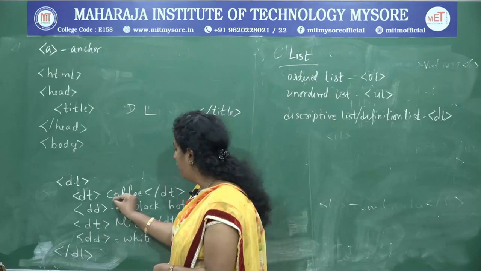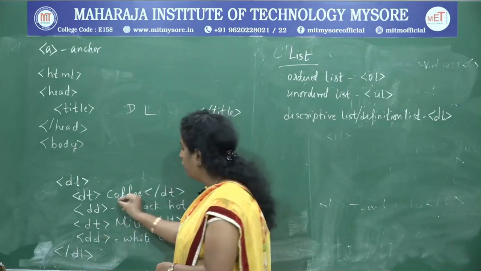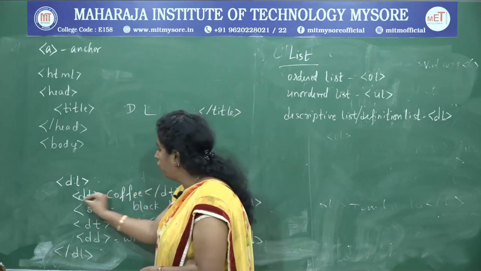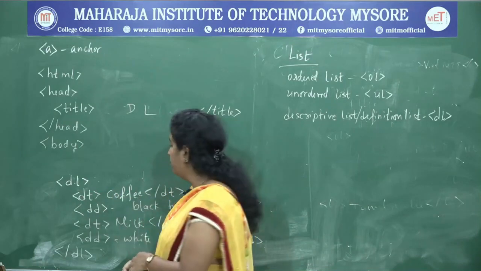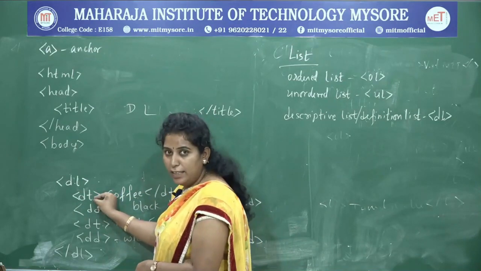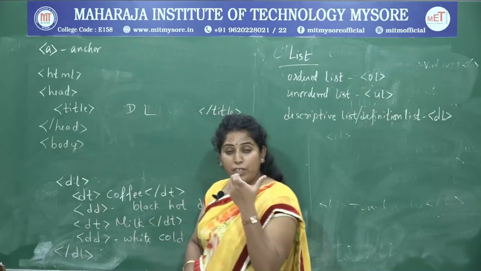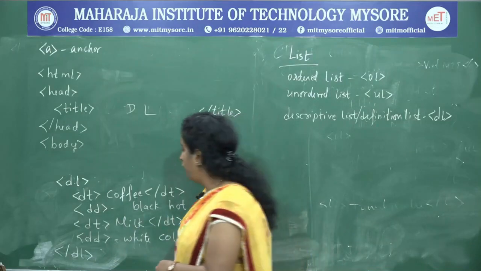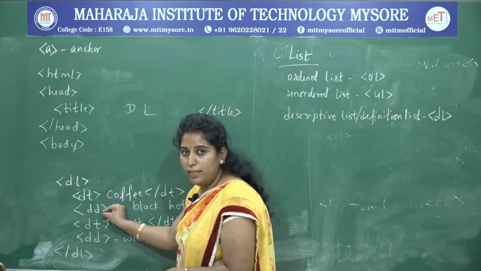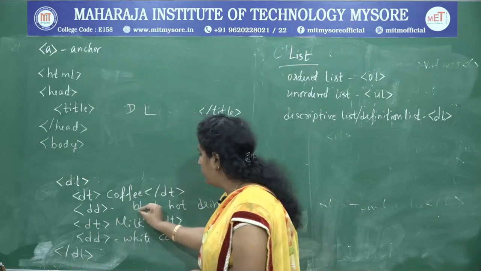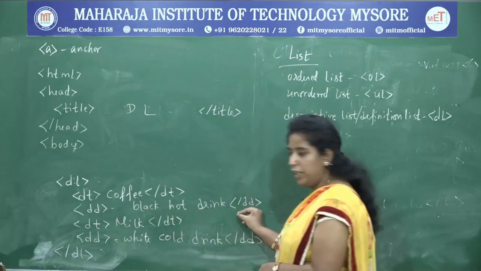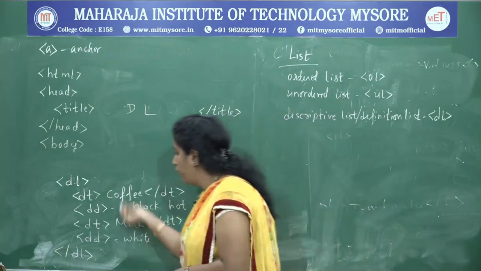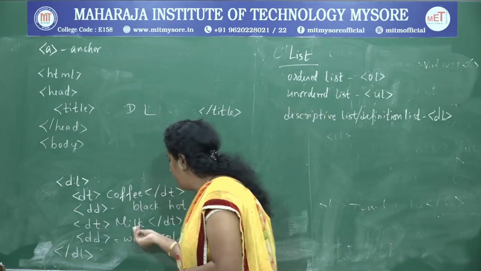What is the name? Coffee. So coffee is the name. So that name will be enclosed within a tag DT. Definition pair, its content will be given inside the tag called DD. So coffee, its pair is black hot drink. Okay. Likewise, one more term, that is milk.